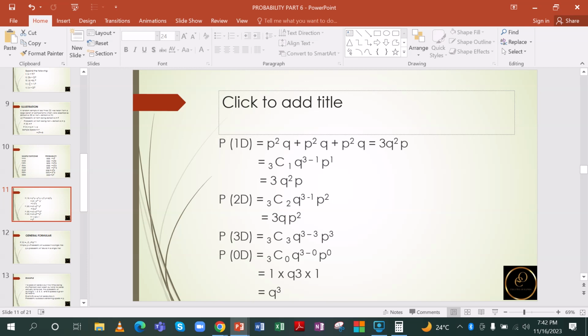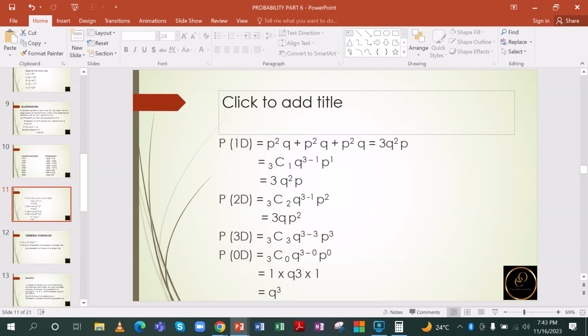Okay. Then when you have probability of 0 defective, so 0 taken at a time, it will be combination of 3 items taken 0 at a time. So you have the first power, which is 3, to which Q is raised, minus 0 here.